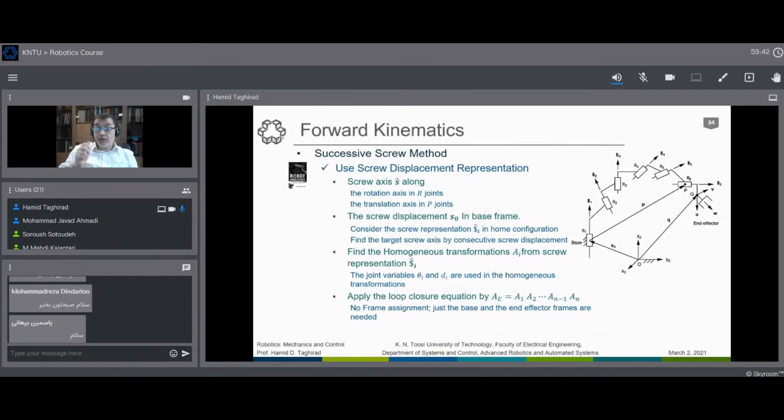And as we see, a screw has two things, not only this, because of the Chasles theorem. You remember the Chasles theorem, that if we have an axis of rotation, then we can consider the translation along this axis as the translation motion for a general motion. So the screw axis is very, very useful.